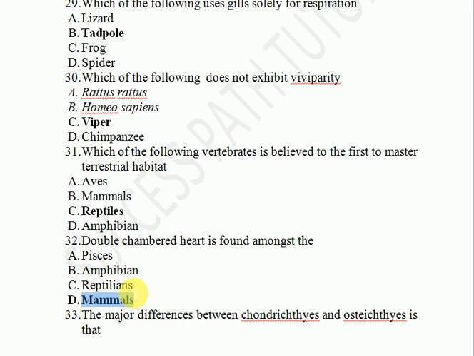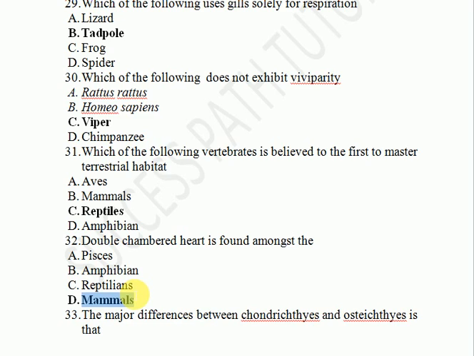But mammals, and aves is not mentioned here. In mammals, according to this option, they have a double chamber because their right and left are distinctly separated. So two auricles, two ventricles. On the left, one auricle up, one ventricle down.